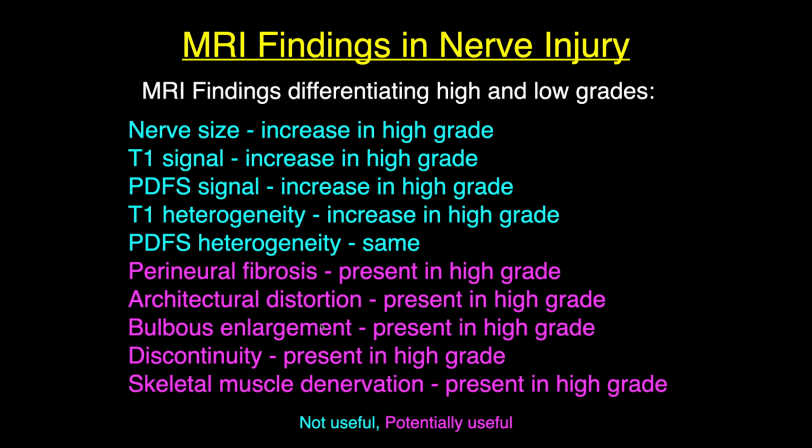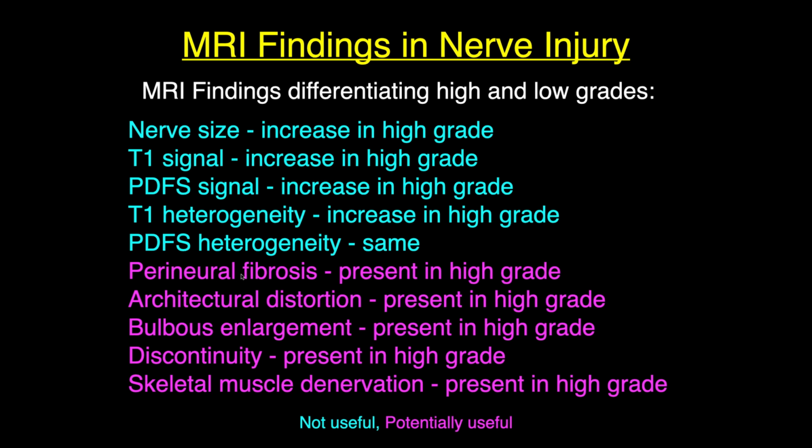The other thing that's valuable to see is you get bulbous enlargement, typically proximal to where the lesion is, and that can be helpful. If you see discontinuity of the nerve, that's a useful finding. And then if you see skeletal muscle denervation distally in the pattern of the nerve distribution, that can be very valuable.